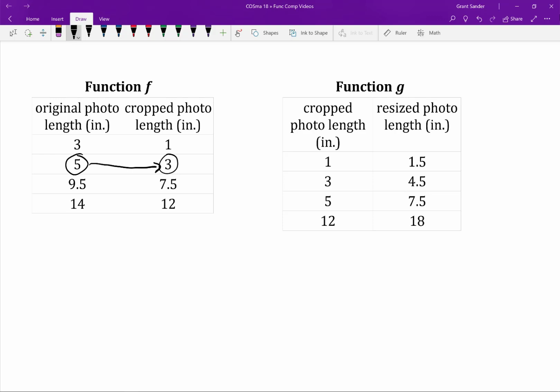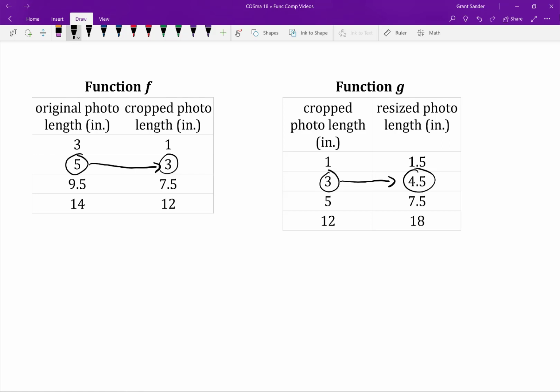So after cropping, we have a length of 3 inches. And if we have a cropped photo length of 3 inches, we see that in our table of values for g over here. We can look at the corresponding output for this function g, which is 4.5, meaning that when the cropped photo length is 3 inches, the resized photo length is 4.5 inches.